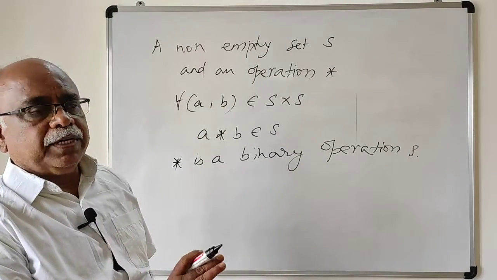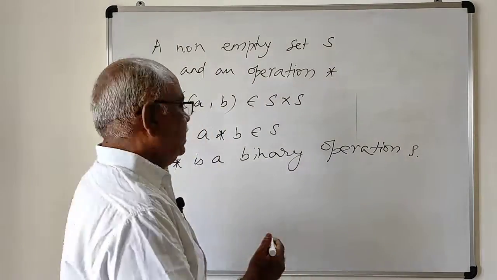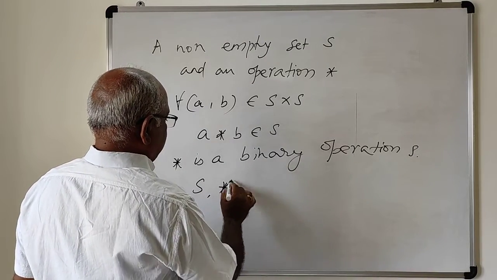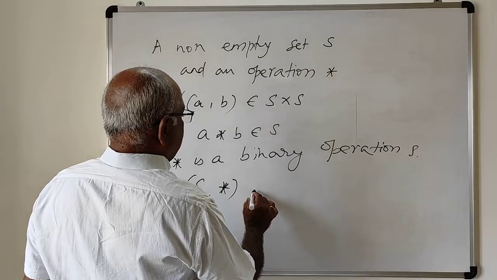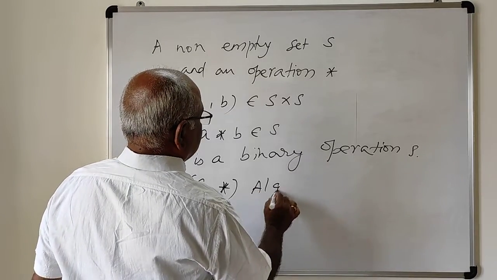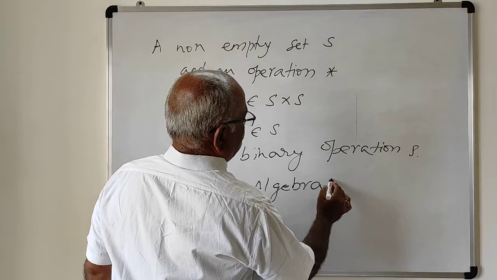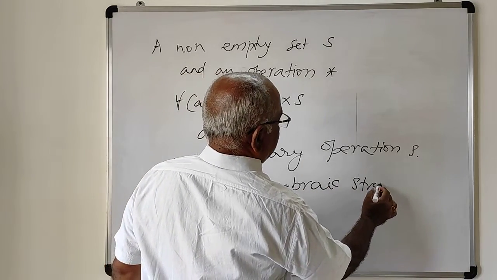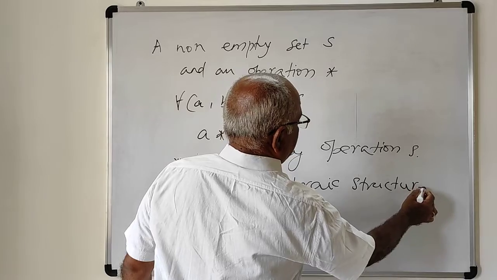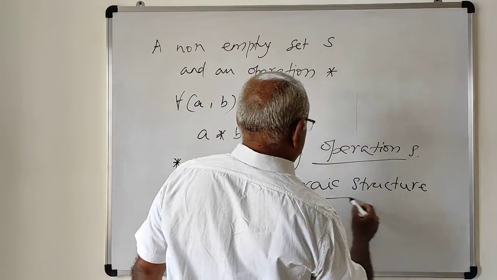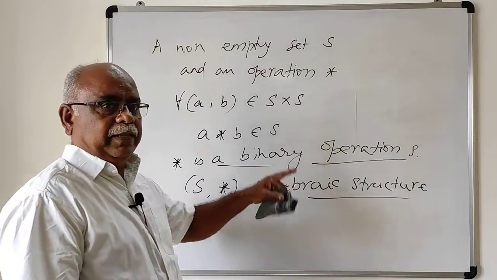The set S and the binary operation star on that set is called an algebraic structure. We have seen the binary operation and algebraic structure in the previous video.